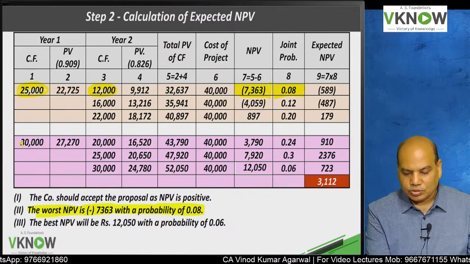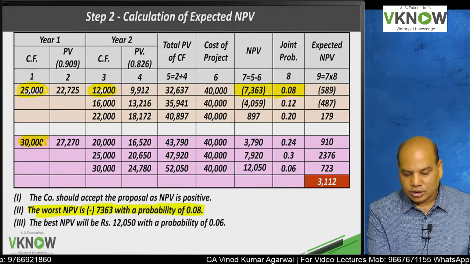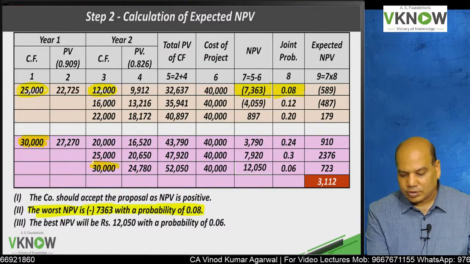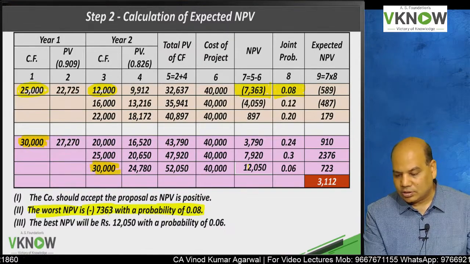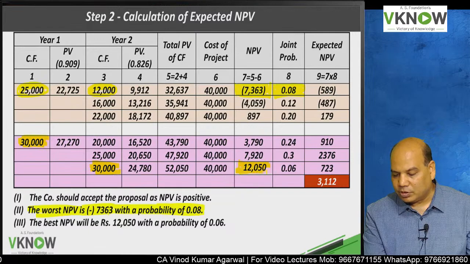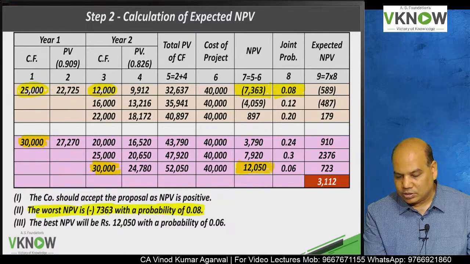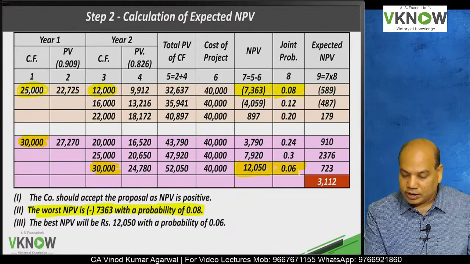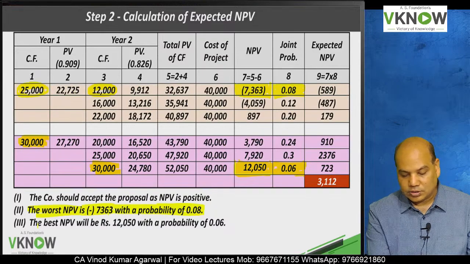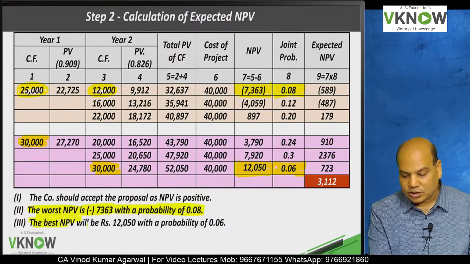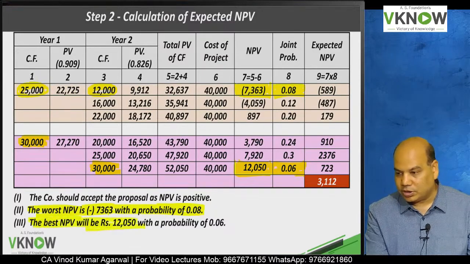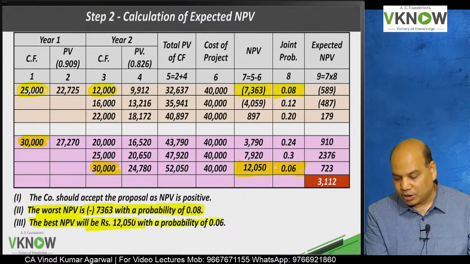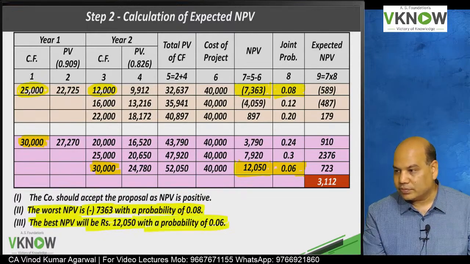And suppose your luck is good, you get 30 in the first year and 30 in the second year, you will end up getting an NPV of 12,050. This combination will give you 12,050 NPV, but the probability of getting this is 0.06. So write down the best NPV will be 12,050 with a probability of 0.06.